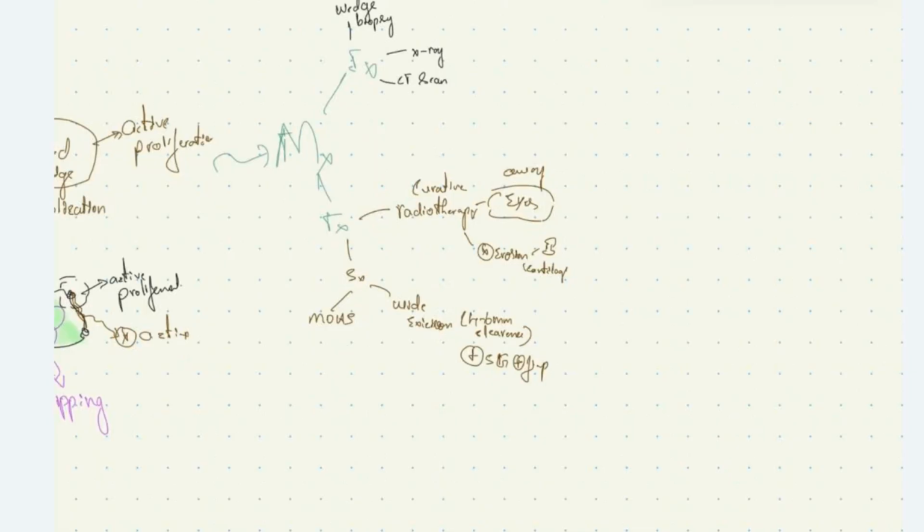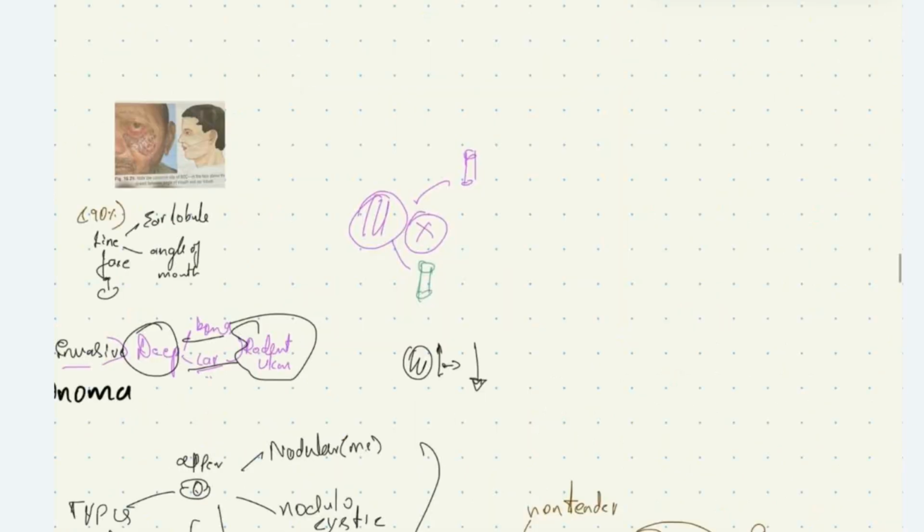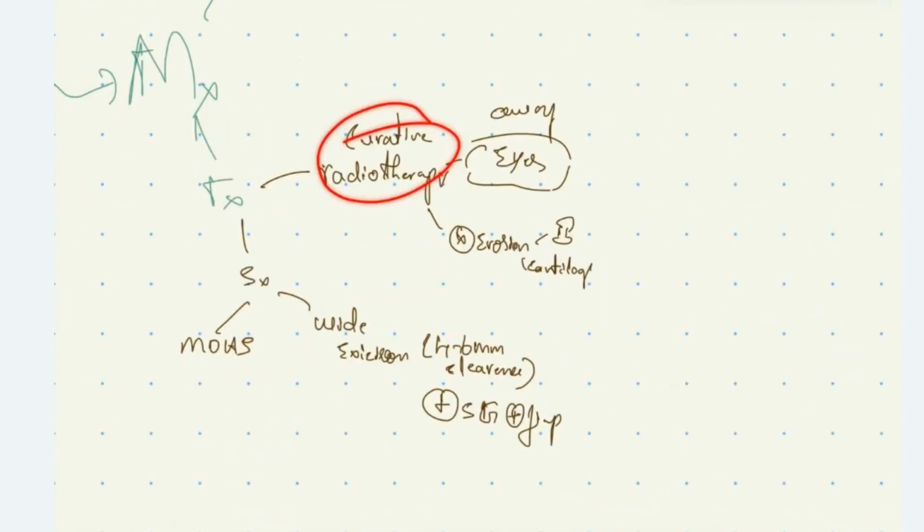We can do curative radiotherapy only if the basal cell carcinoma is away from the eyes. If it is near the eye, we can't do radiotherapy because it damages the cornea and the eyelids and leads to secondary complications. So curative radiotherapy is done when the lesion is away from the eyes and has not involved bone and cartilage. In those cases, we can do radiotherapy.